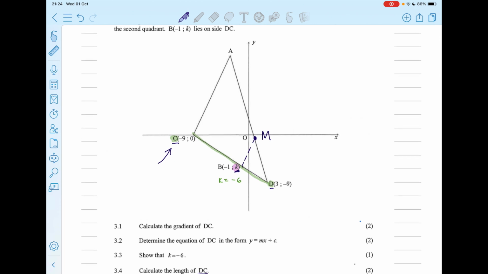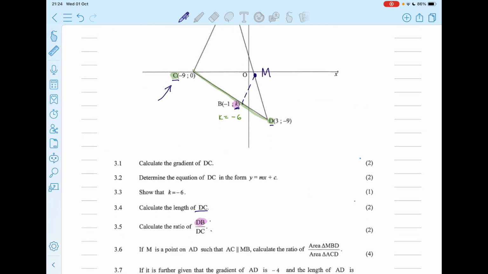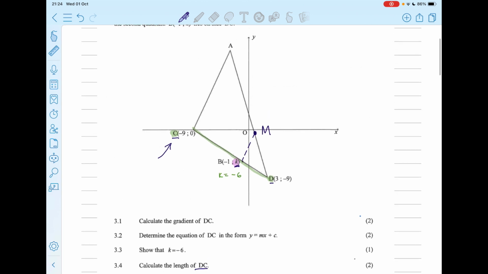Now, what we can do is, earlier on, we calculated the ratio of DB to DC, which was over here. So that's DC in green. I can highlight DB in purple, like that.